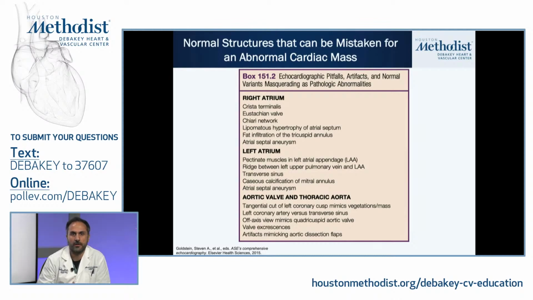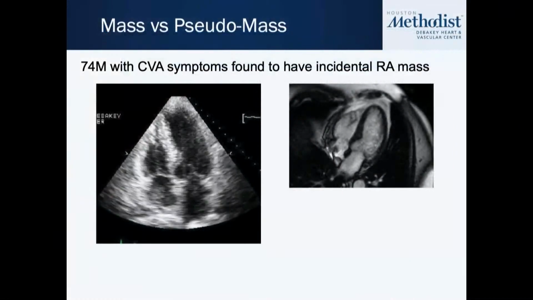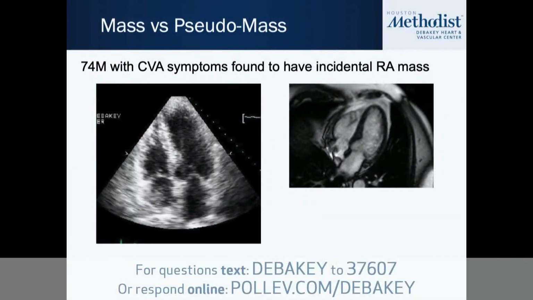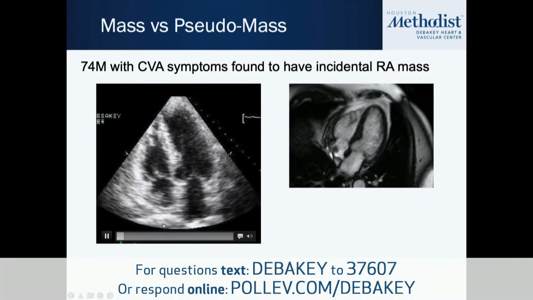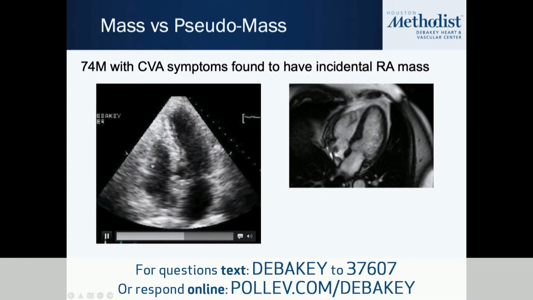There are a lot of structures on echo that can be missed and thought of as abnormal or pathologic masses. I'm going to give a few examples. This is a case of a 74-year-old male who was found to have an incidental mass in the right atrium. You can see it on echo over here.